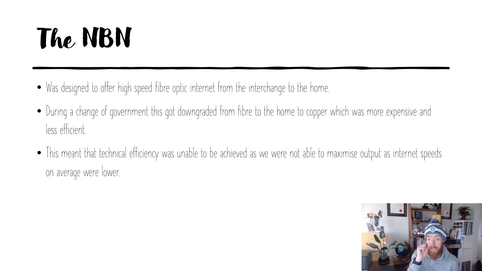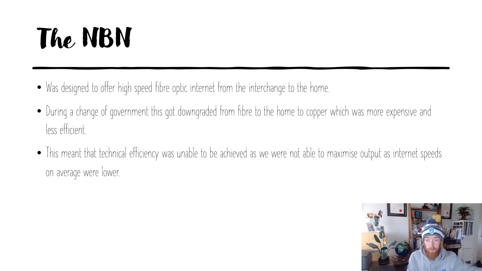Option number 2 is the NBN. The NBN has been an option for a long time. The National Broadband Network, when it was initially brought in by a Labor government, was designed to offer fiber optic internet from the interchange to the home, which would give us ridiculous internet speeds up to and over a gigabit per second.